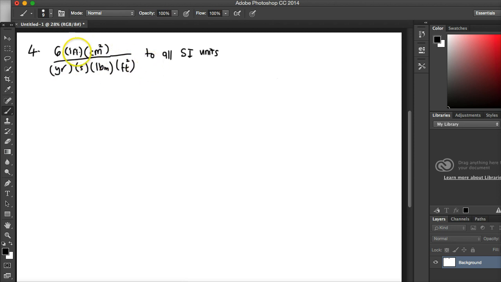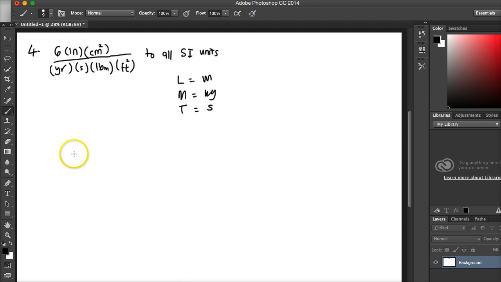So first we convert the length to SI unit, which for length is meters, for mass is kilogram, and for time is second.